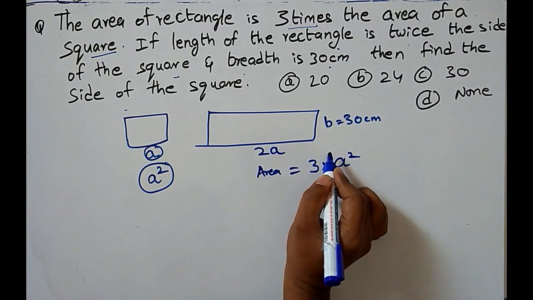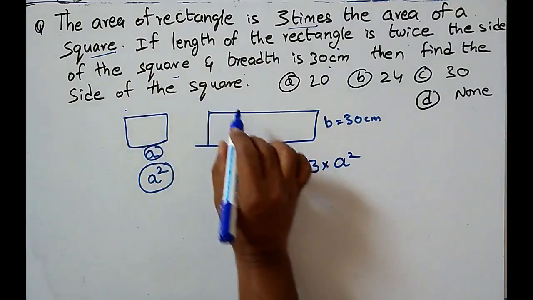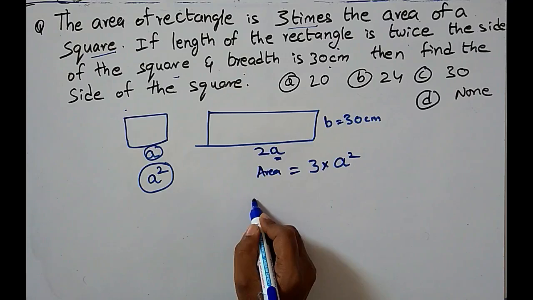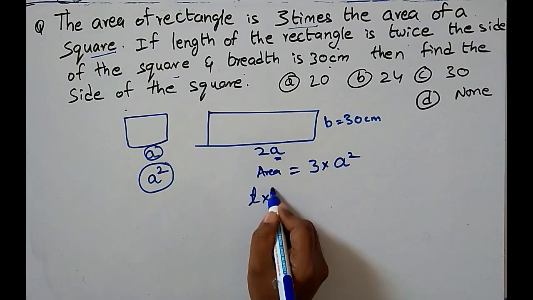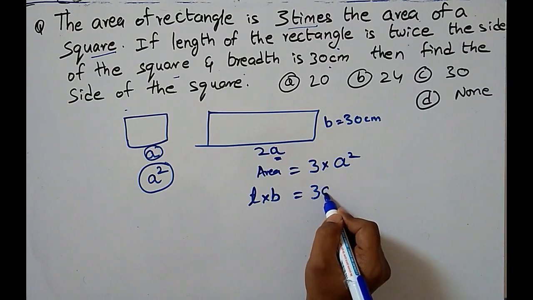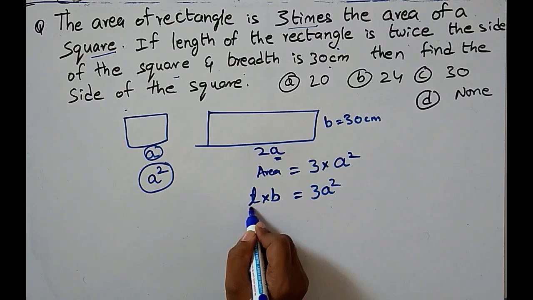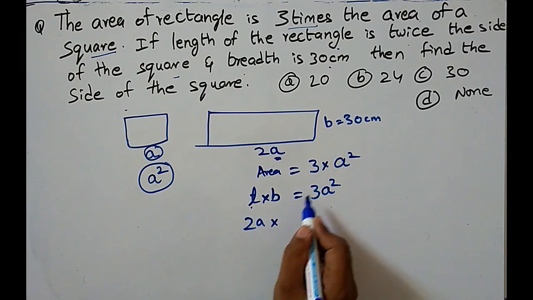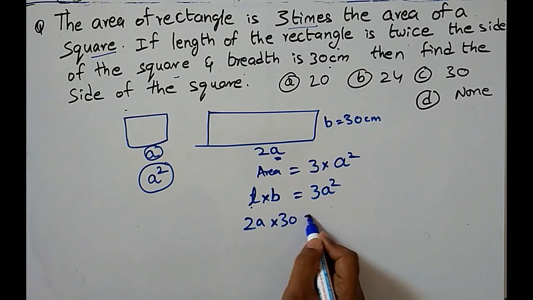What we have to find? We have to find the side of the square. The area formula is length into breadth, which is equal to 3 times the area of the square, 3A square. Here the length is 2A, breadth is 30 centimeters.